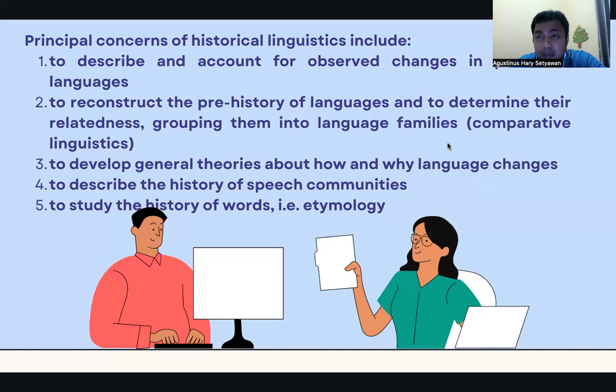Kalau di dunia Barat, linguistik historis komparatifnya itu sudah tinggal petik, istilahnya tinggal kita ambil data penelitian saja, karena hampir semua sudah diteliti hubungan-hubungannya.